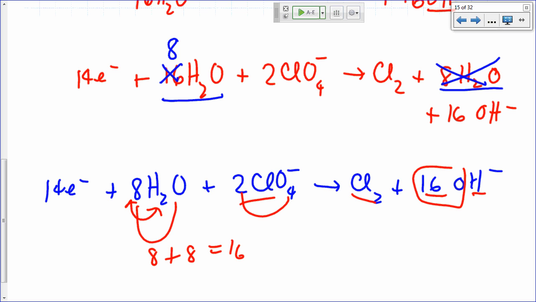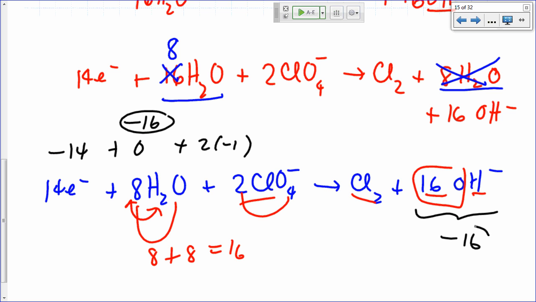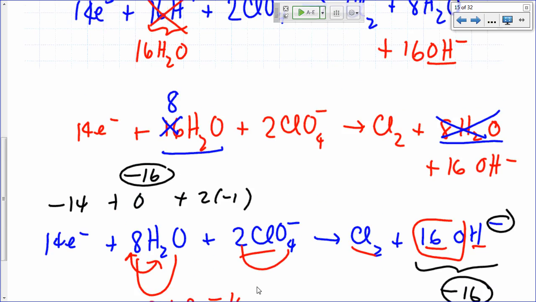As far as charges go, this is -14 plus 0 plus 2 times -1. That's a total charge of -16 on the left. And the total charge on the right is also -16. 16 times -1. You have 16 of those hydroxides, it's -16. So that's your balanced half reaction.